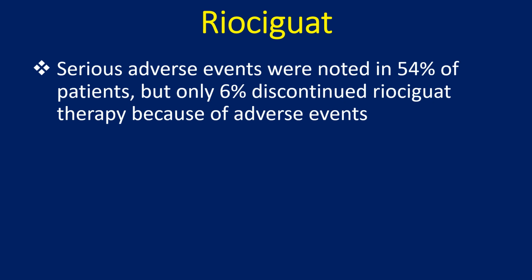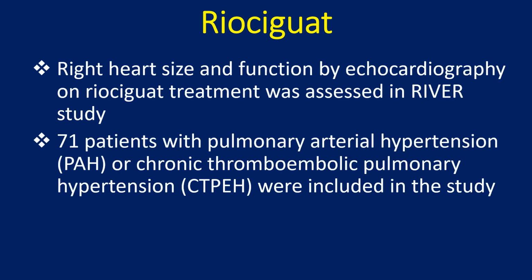Serious adverse events were noted in 54% of patients, but only 6% discontinued riociguat therapy because of adverse events. Right heart size and function by echocardiography on riociguat treatment was assessed in RIVER study.